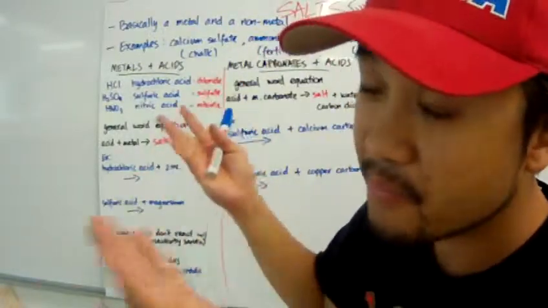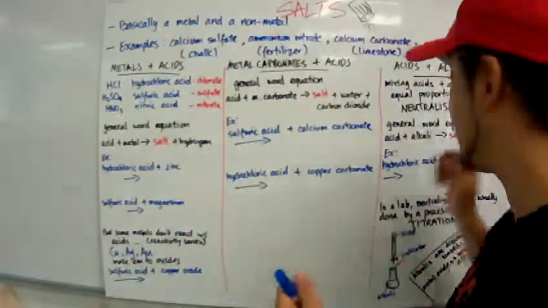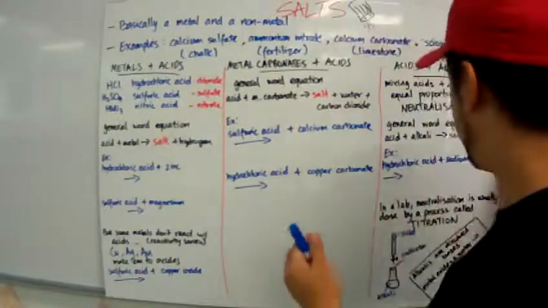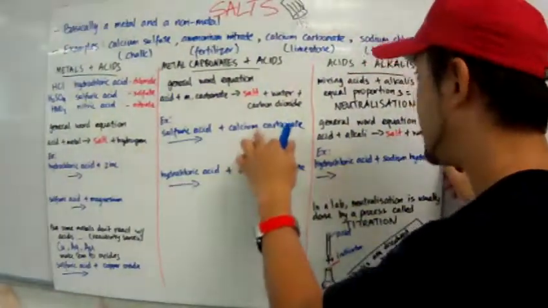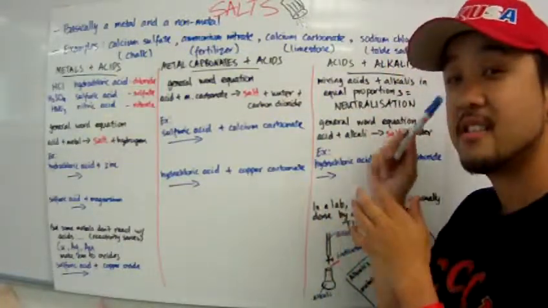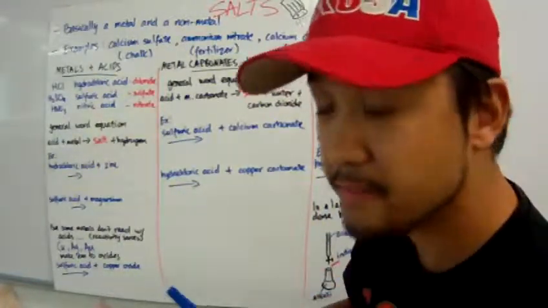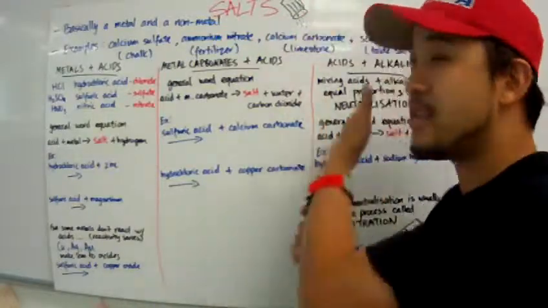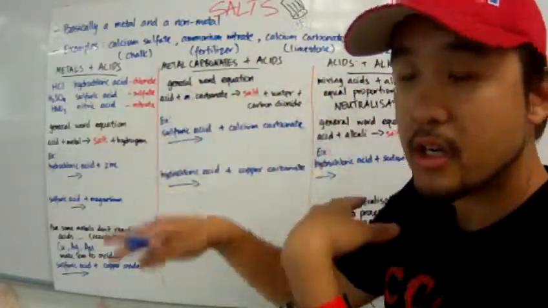And finally, when you mix acids and alkalis together, you make another type of salt. This process is called neutralization, which we'll talk about later.